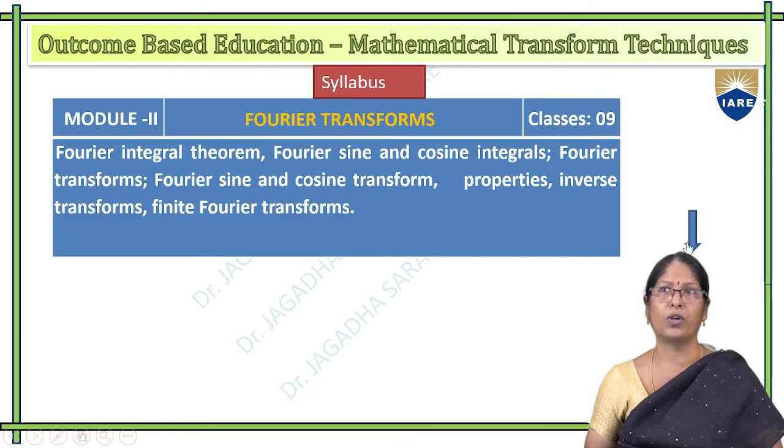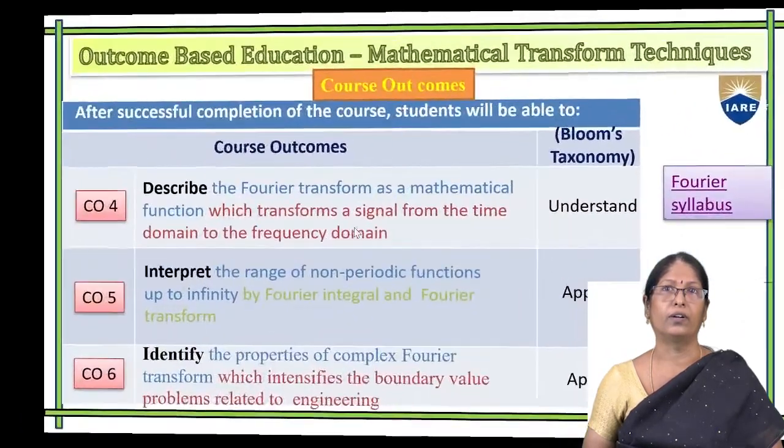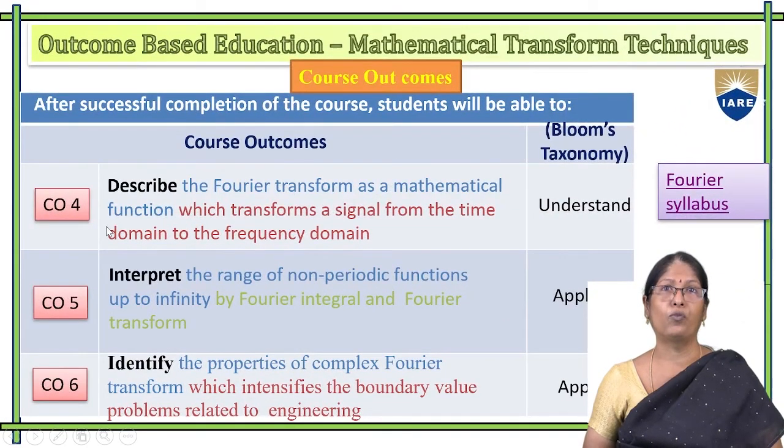Those parameters are here in the form of CO4, CO5, and CO6. Based on this, we have a question bank system in our college, Institute of Aeronautical Engineering. The questions are prepared satisfying Bloom's levels and according to the course outcomes.